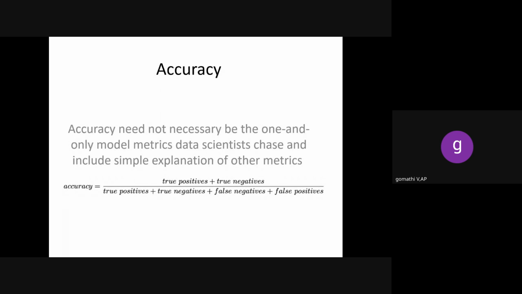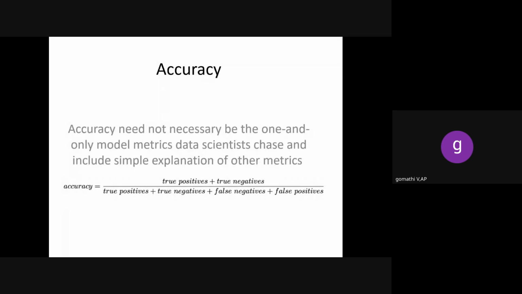Before that, we should know what true positive and true negative are. These terms come from the confusion matrix. What is a true positive? The model correctly predicts the positive values. Next, true negative: the model correctly predicts the negative values or negative class. Next is the false positive: the model incorrectly predicts positive values.